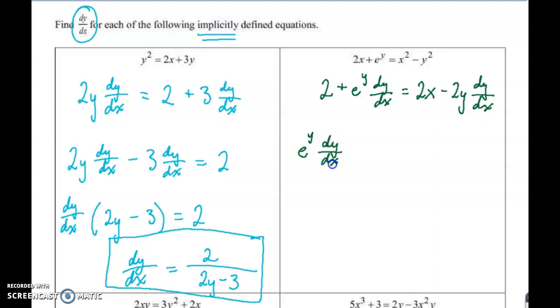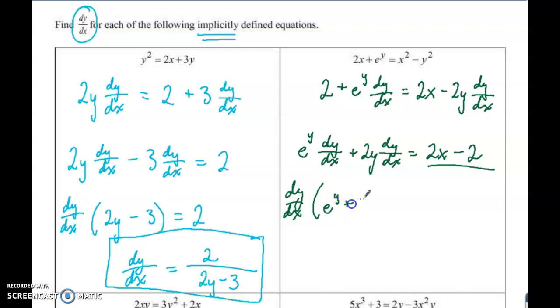Dy dx, I would add the 2y dy dx to the left side. Subtract 2 to the right side. No need to factor things out. I'm talking about this as a GCF. You do need to factor out your dy dx.